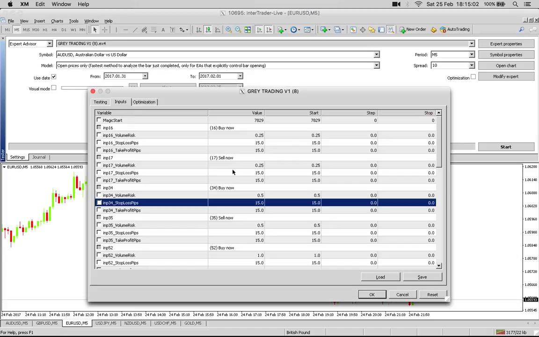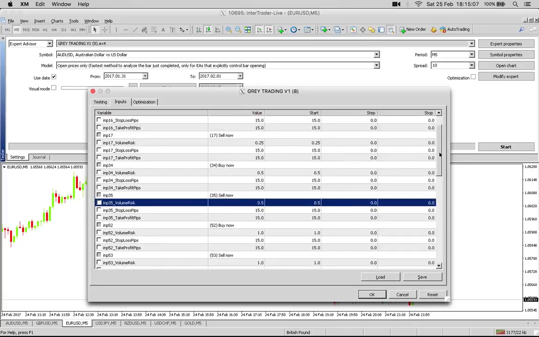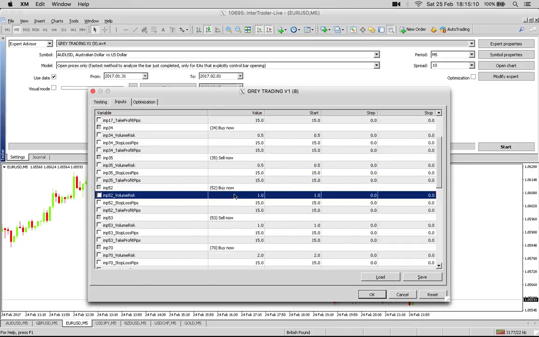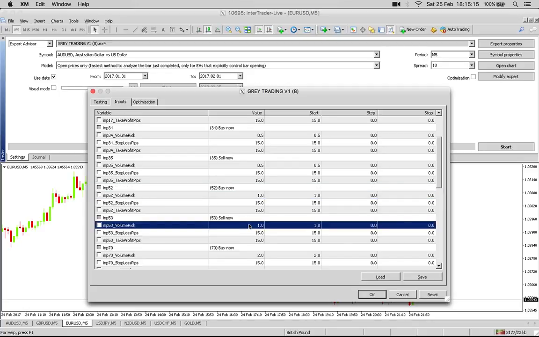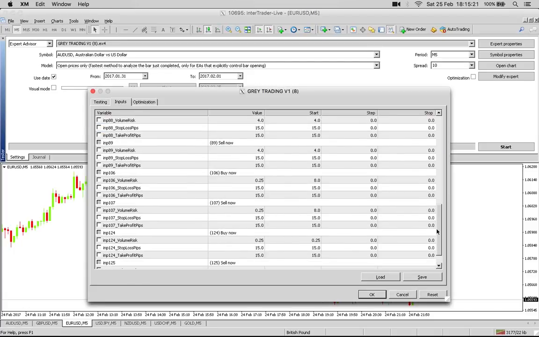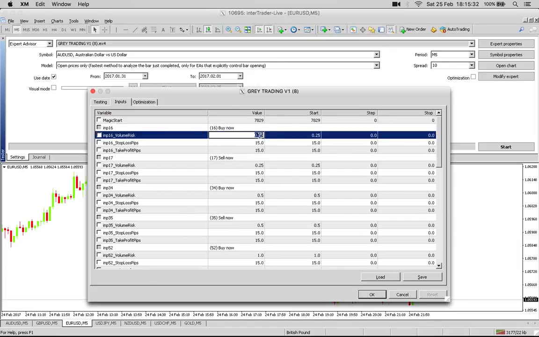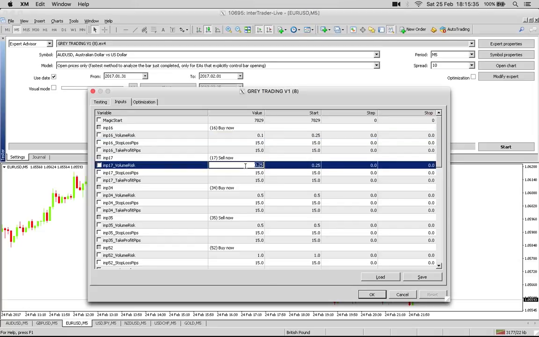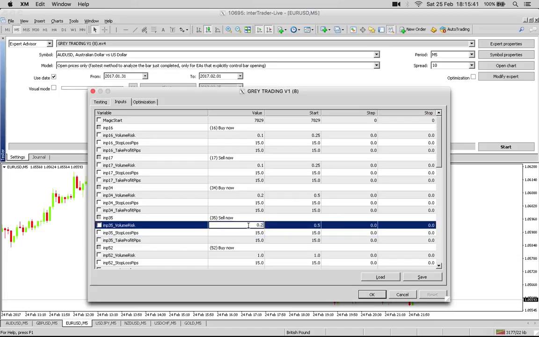So that's 0.25, and then we move down to 0.5 for buy and sell. That's the second trade. Then we have buy one, and 52 is just the block number. That'll bet 1% and 1%, then 2% and 2% for buy and sell, 4% and 4%, and then if we reset it, 8% and 8%. If you don't want your algorithm to start with 0.25%, say you want 0.1, you'd put 0.1 in there and 0.1 in there, and then 0.2.